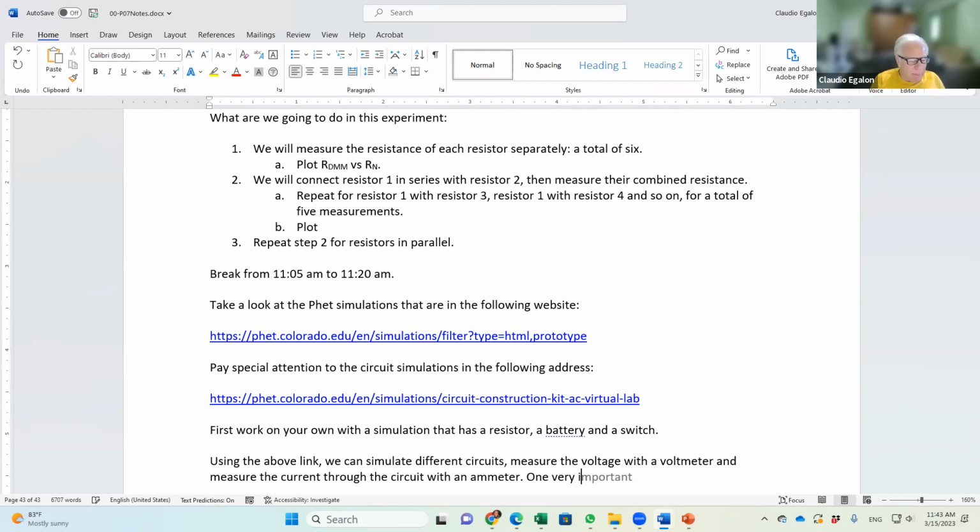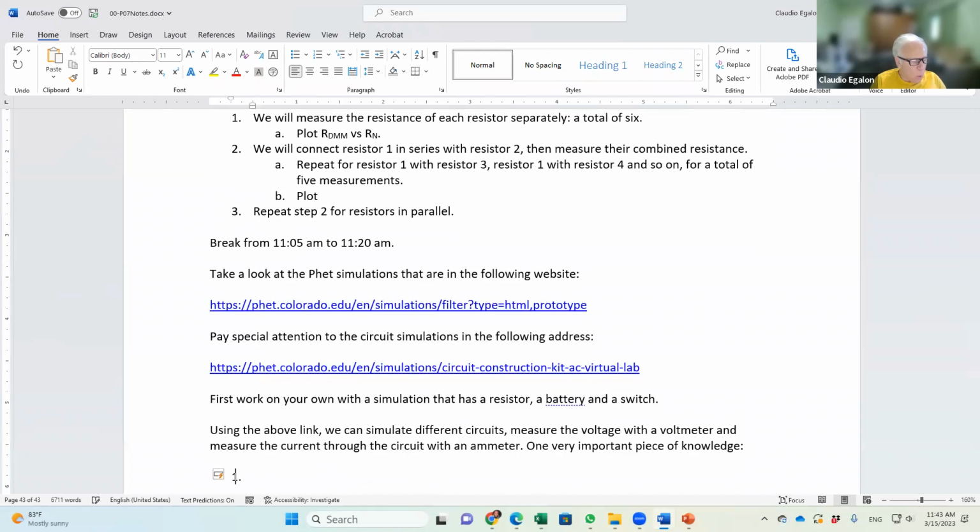One very important piece of knowledge. One, the voltmeter, you always connect it in parallel with an element of the circuit. The voltmeter was built to be connected in parallel with an element of a circuit.